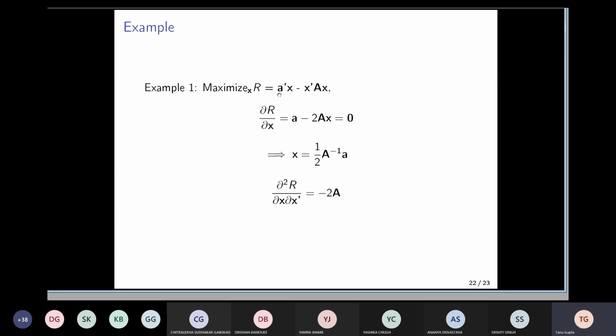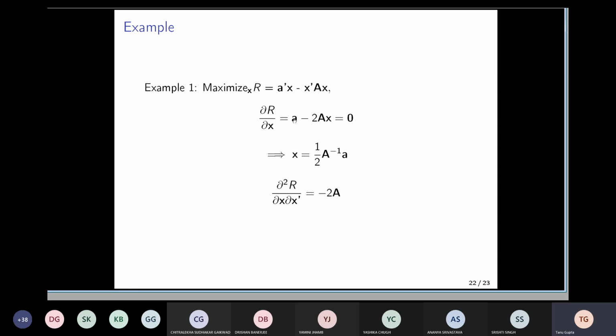So effectively it means that we have to differentiate this element and this element separately with respect to x. And this we have seen earlier. The derivative of a prime x will be a, and the derivative of x prime ax will be 2ax. So del r by del x is nothing but a minus 2ax equal to 0.